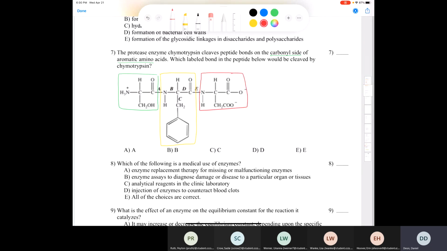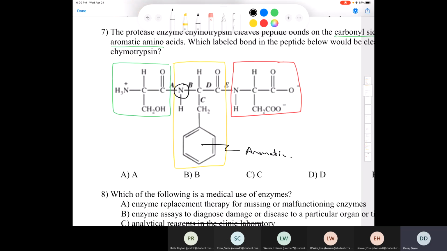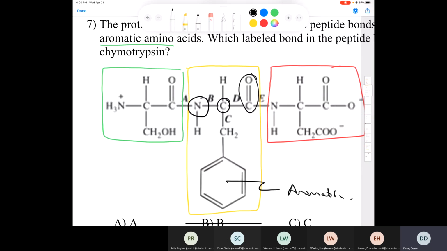Which one of these is an aromatic amino acid? Would it be the one in green, yellow, or red? And it's not a trick question. Yes, it's the one in yellow, right? Because this is an aromatic ring. Well, if it goes nitrogen, carbon, carbonyl, we're looking for the carbonyl side, right?